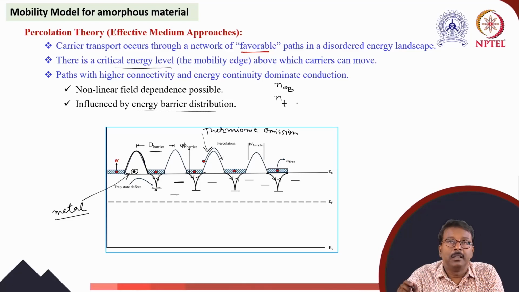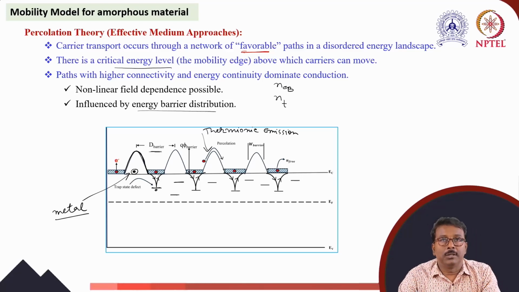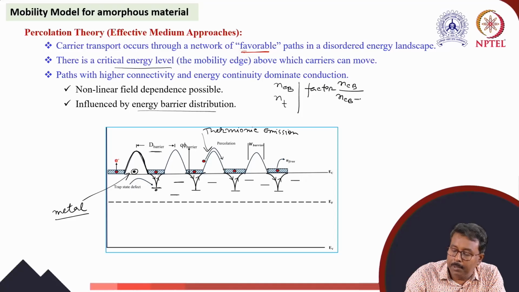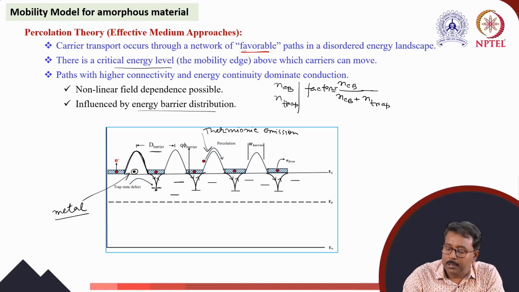If you take the ratio, that is a factor, NCB by NCB plus NT, and this factor you can call the trap factor, F trap.